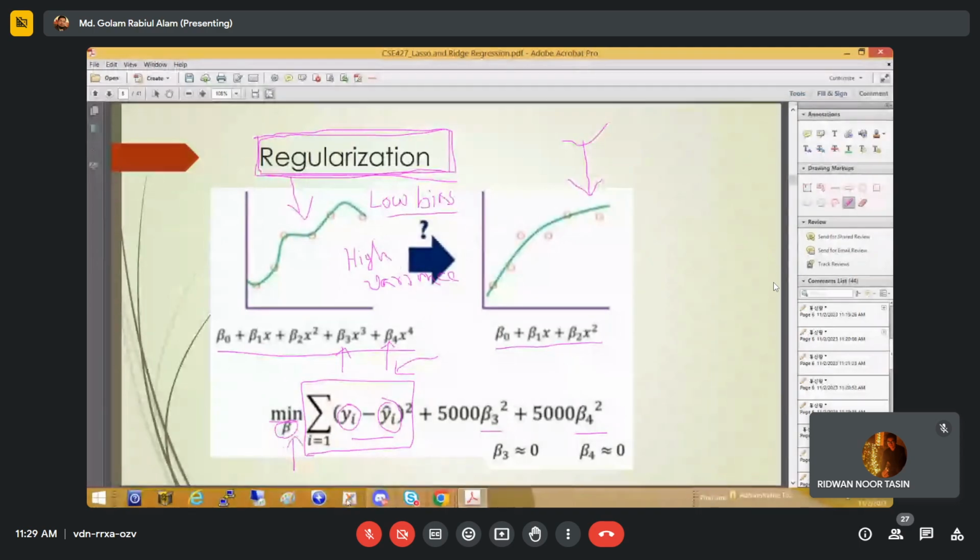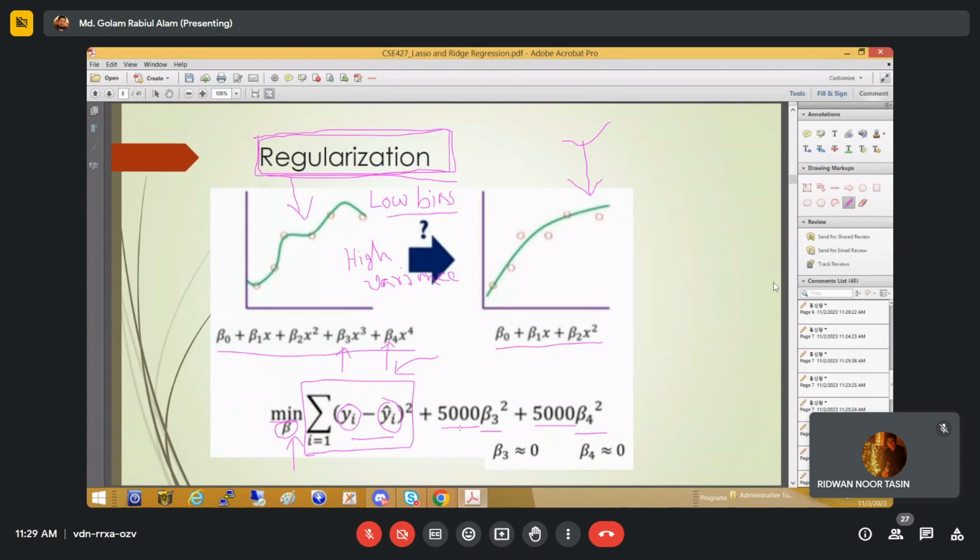And we want to get the minimum value from this equation, based on the betas. If we consider beta 3 and beta 4 here, then we can see here is 5,000 and here is also 5,000.